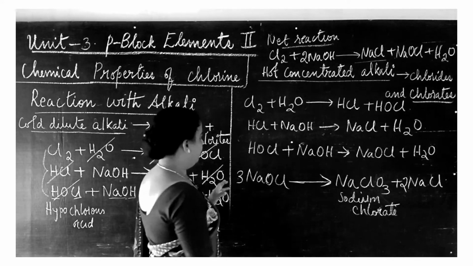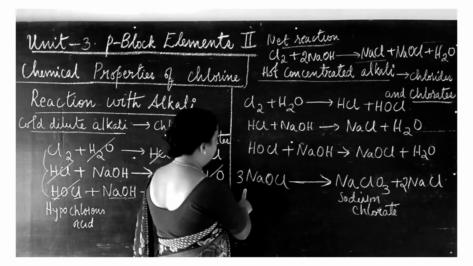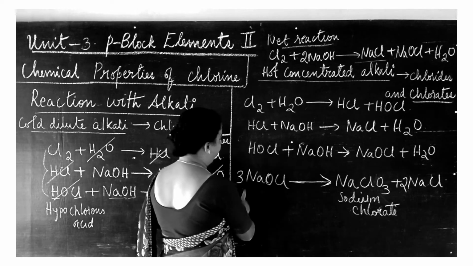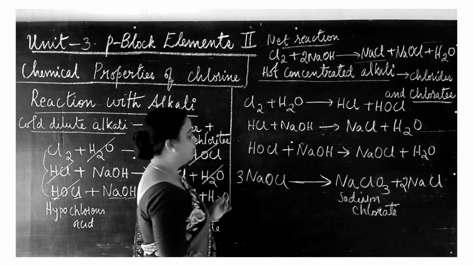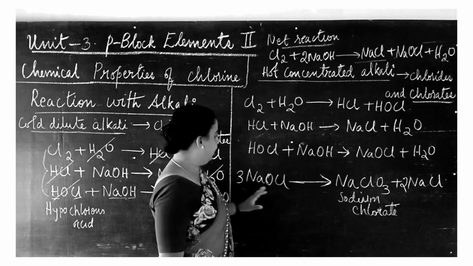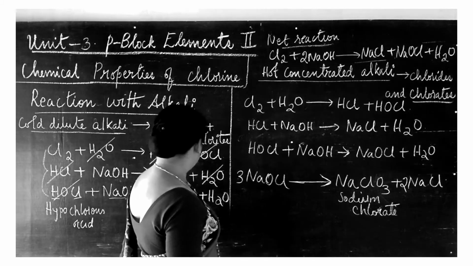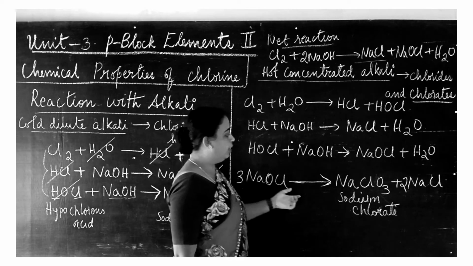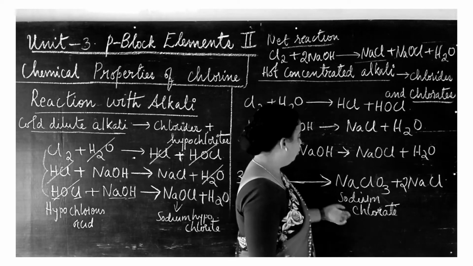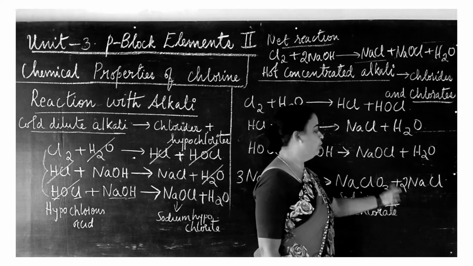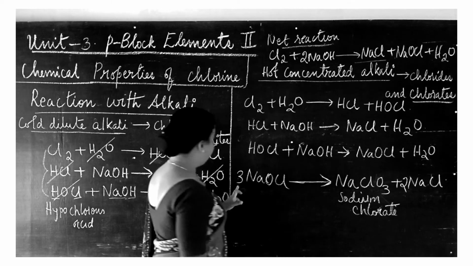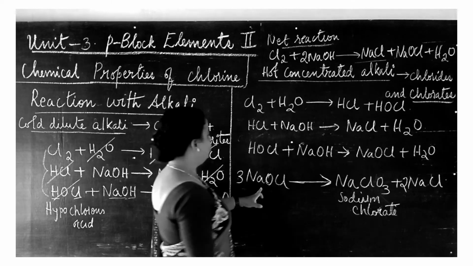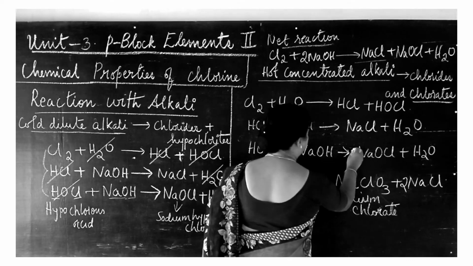Okay. Now this is the fourth reaction. Now we have to write the net reaction for this. So here 3 NaOCl, that is 3 sodium hypochlorite, undergo decomposition to form sodium chlorate and 2 moles of sodium chloride. So here we have taken 3 NaOCl, then here it should be 3.